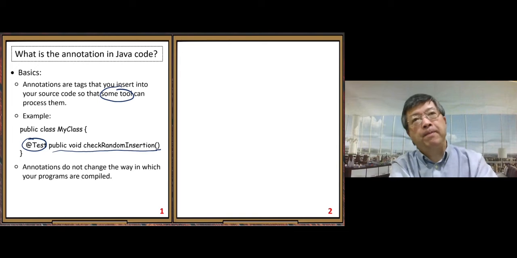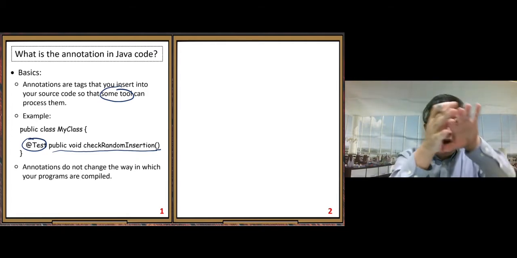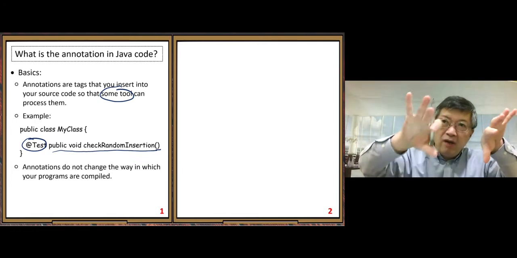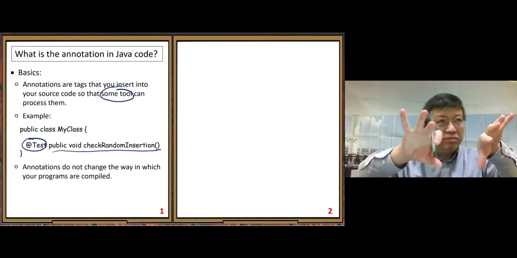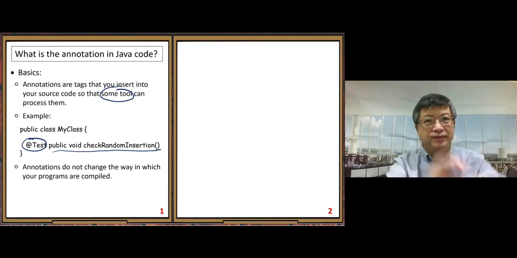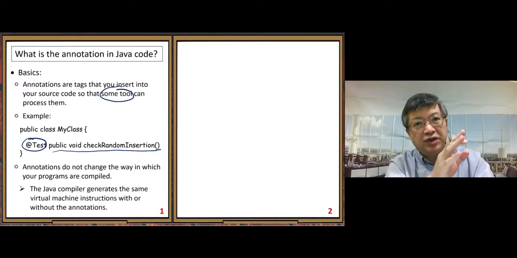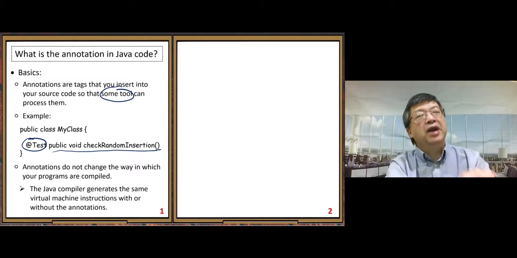So here you can see the way to handle the annotation is quite different. We separate the annotation part and the regular Java instruction part. They are separated. The Java compiler generates the same virtual machine instructions with or without annotations.